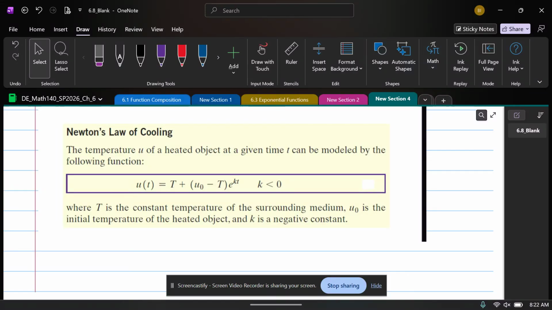Like if you put creamer in it, it's going to cool it off a little bit, and it's going to change the viscosity of that thing. So everything's got a little bit different cooling rate. So that K is your rate. T is going to be your time, usually in minutes or hours. So there's a lot of stuff going on in this one, but the big thing is capital T. That's the temperature of the room you're in. Okay.